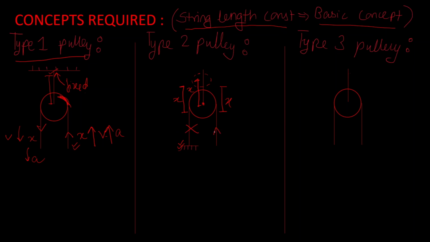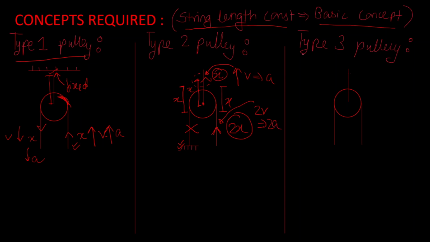So this part of the string has to move a distance of 2x. So this moves a distance of x while this moves a distance of 2x, which in turn implies that if the velocity of this part of the string is v, then the velocity of this part of the string is going to be 2v. Simultaneously, we can differentiate and say this is a, and this will be 2a. Okay, so this was the type 2 pulley.